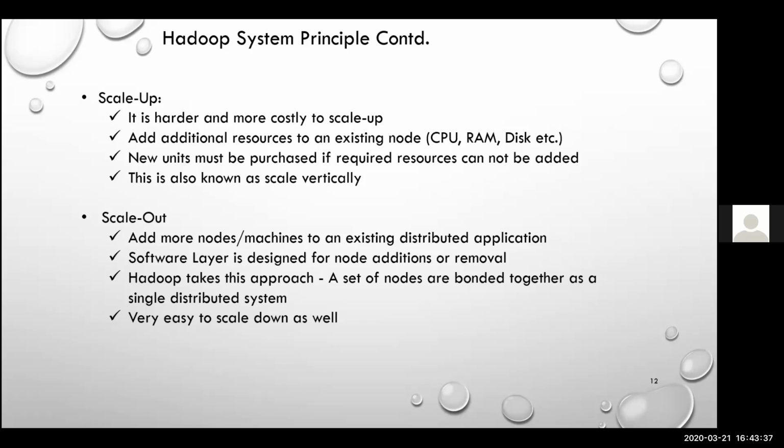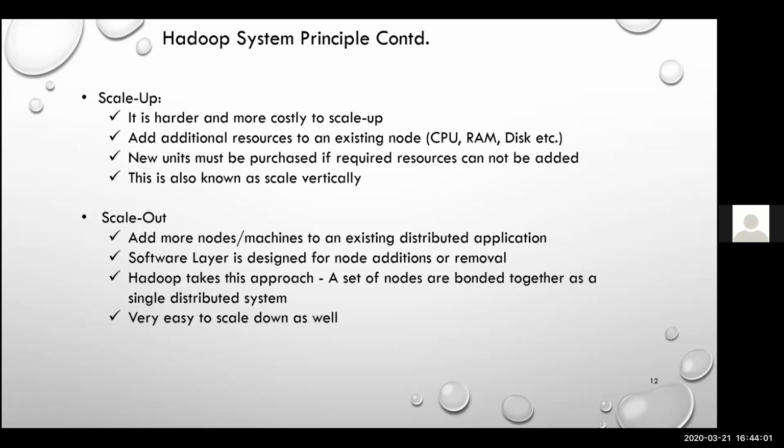So it's harder and it's costly, and sometimes it has a limitation. For example, in a server we have 16 GB RAM. We may increase it up to 64 GB RAM. When it is filled up, what will happen? So scale up comes with its own limitation.